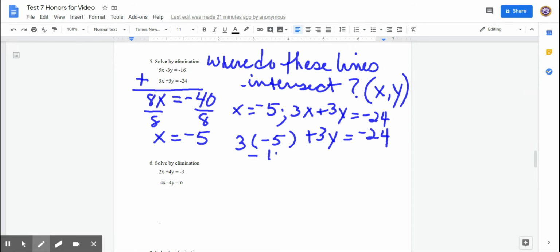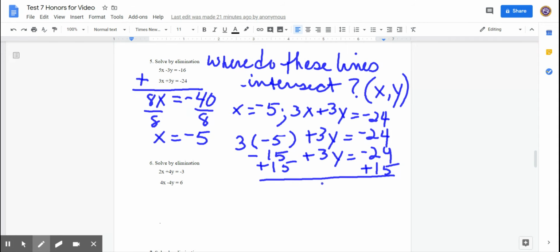That's -15 plus 3y equals -24. Now we have to solve for y, so we're going to add 15 to both sides of the equation. 3y equals -9. Divide by 3, and y equals -3.